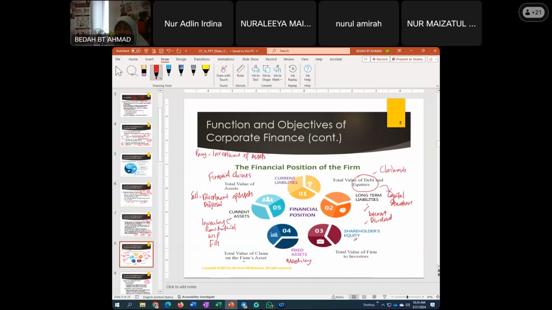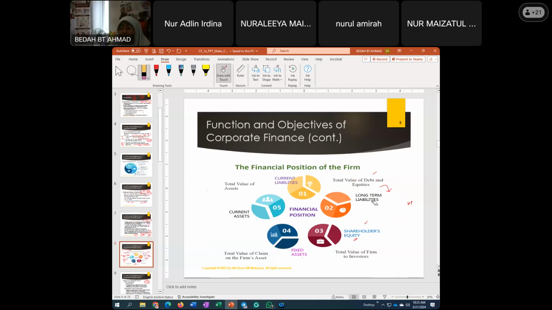Okay, so this one, function and objective of corporate finance. So financial positions of a firm, as I mentioned, make up the balance sheet model, where it shows the investment of a company as well as the liability of the company.